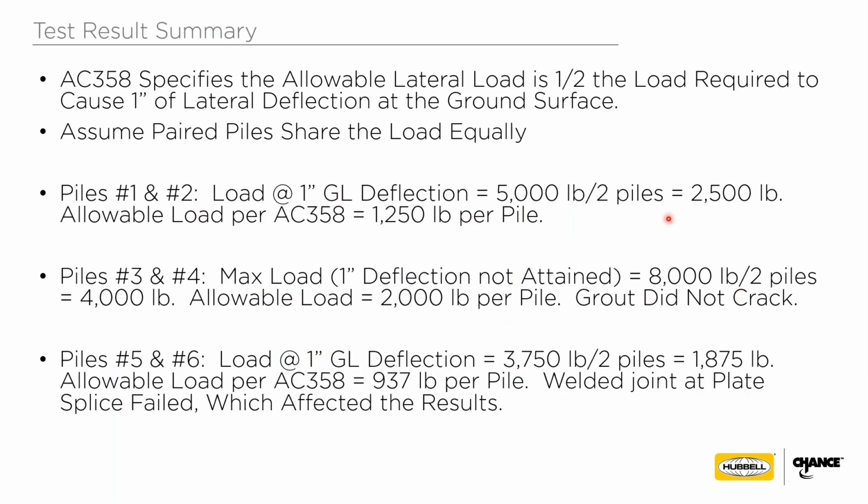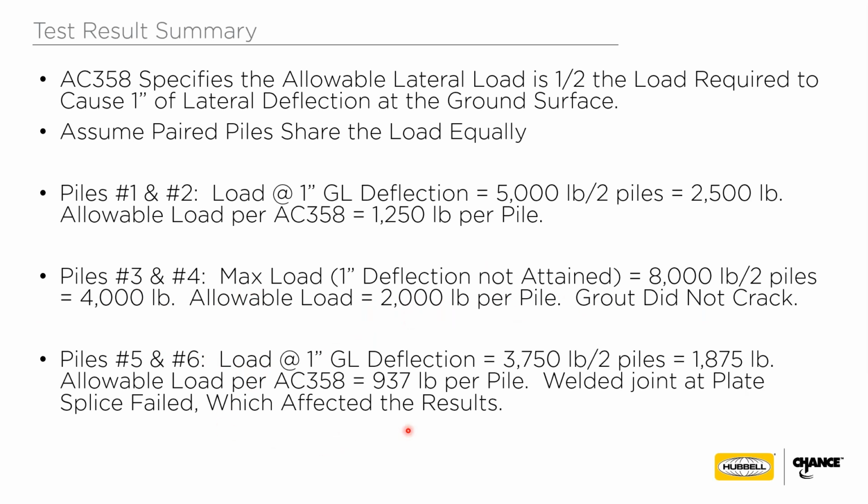So, to kind of summarize some of this, the first piles 1 and 2, which had the 6-inch steel casings, we were basically saying we had about 2,500 pounds of lateral allowable, which is about 1,300 pounds per pile. The better performing one, we had about 2,000 pounds per pile. What was that 10-inch grouted shaft?